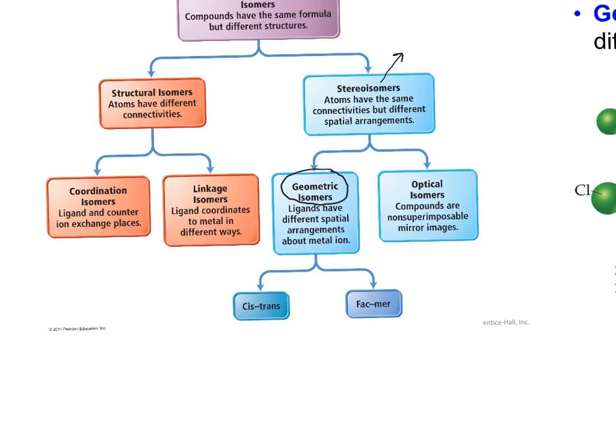Add a couple definitions. For cis and trans, you must have either a square planar or an octahedral geometry, and you need exactly two identical ligands.